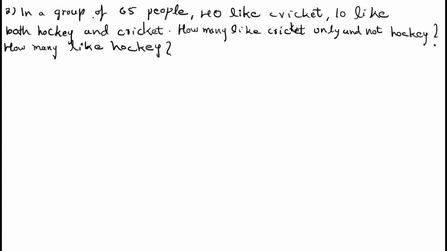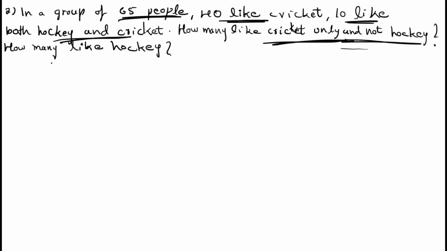See the second question. In a group of 65 people, 40 like cricket, 10 like both hockey and cricket. How many like cricket only, not hockey? How many like hockey? First write the data.